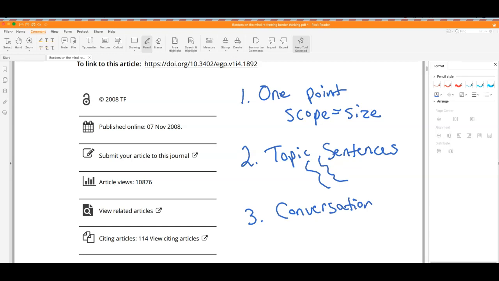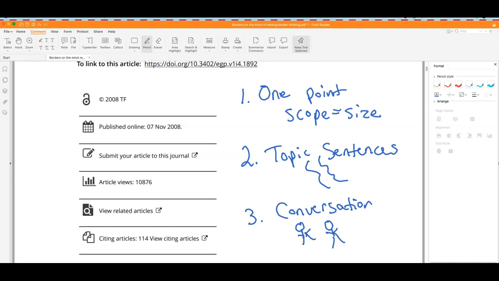In an academic article, the author is often talking to other people. You'll have to forgive my stick figures here, they're not terribly good. And he'll tell you who those other people are and why he thinks their points are important. And it's in that conversation that we start to understand what it is that the writer is trying to say.